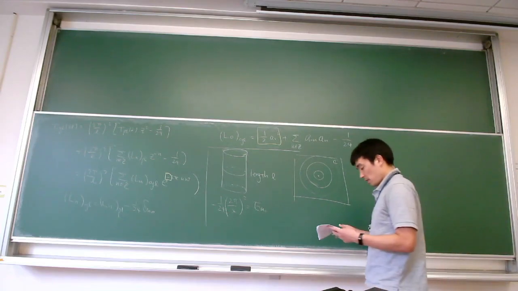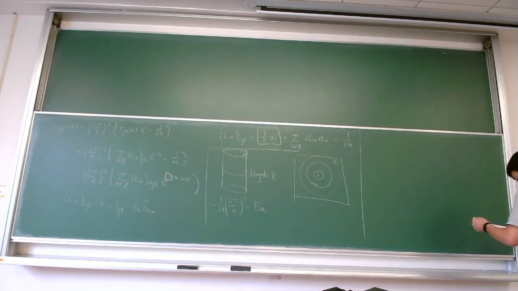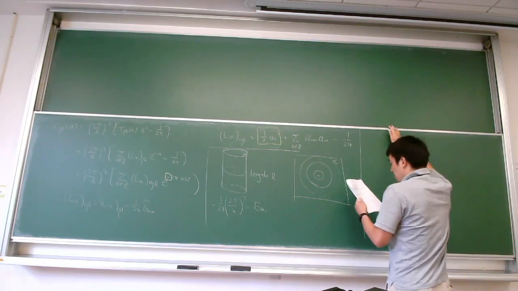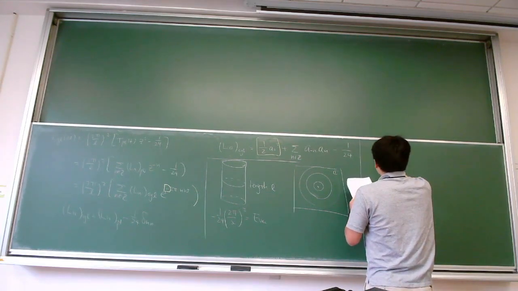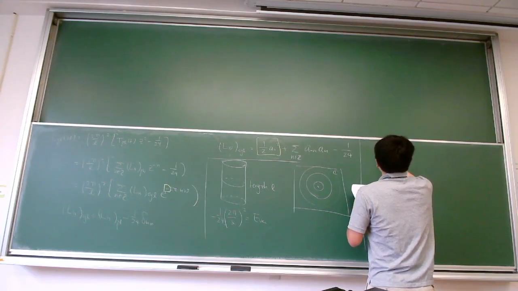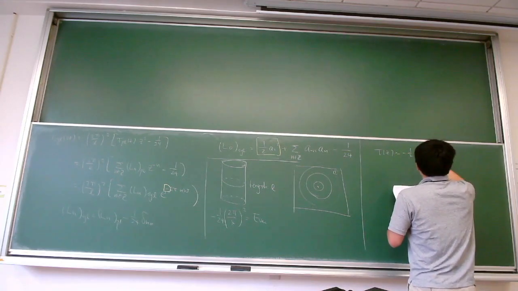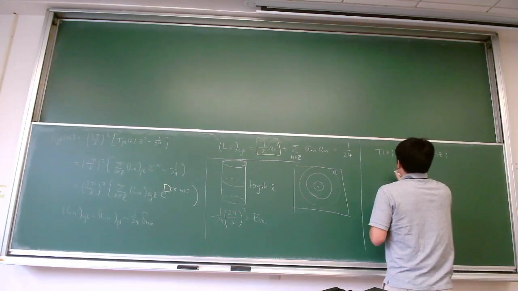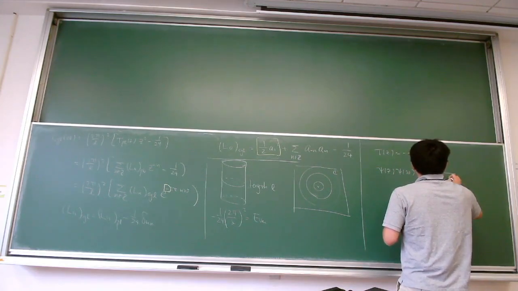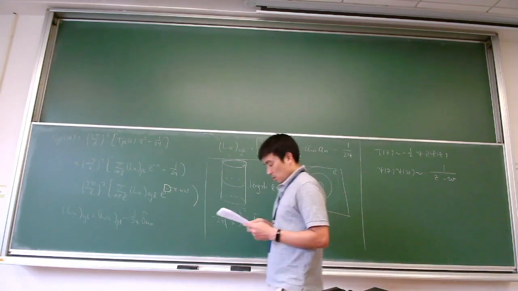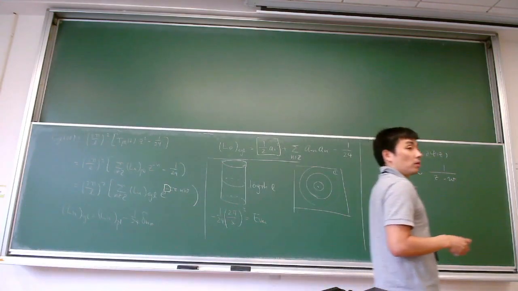So, and then we move on to free fermion. And we know that we start with the psi of V, psi of W, which is indeed 1 over Z minus W. Okay. So this is the OPE of the two primary fields.